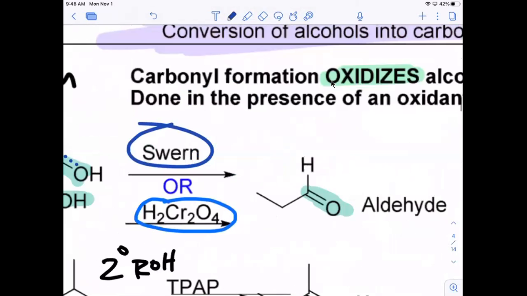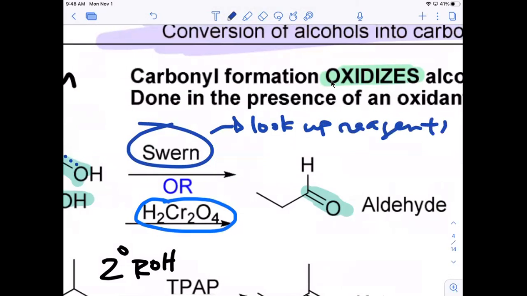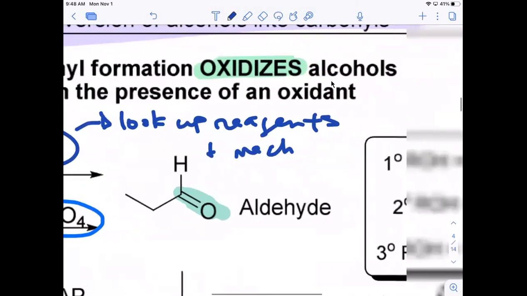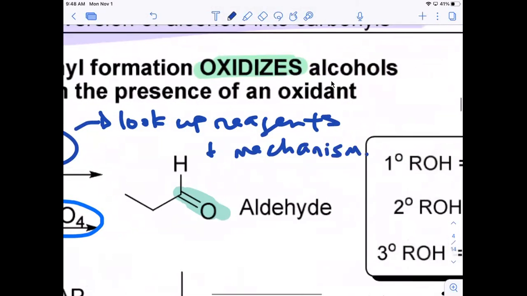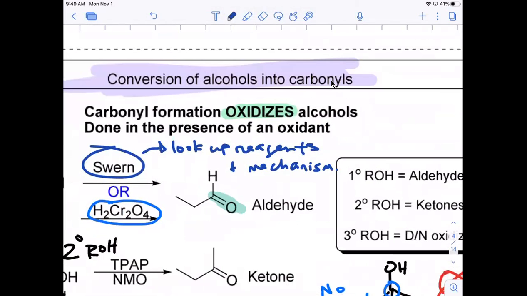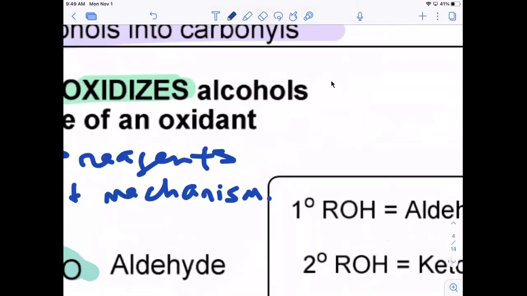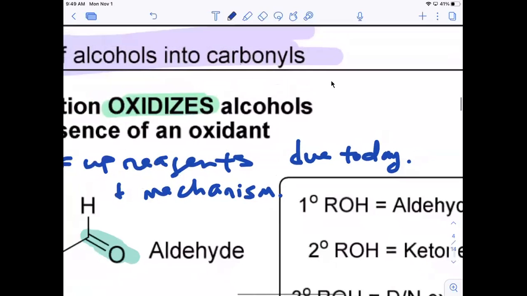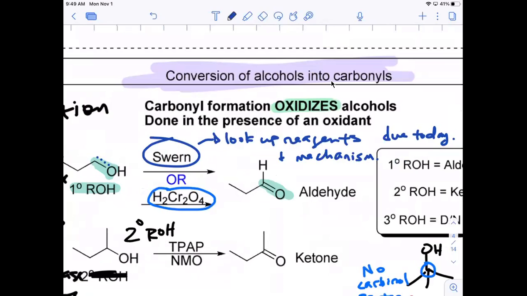I want you to look up the reagents and the mechanism. All right, I'll make a link for you to submit it today. You got to turn it in today. So I want you to look up the reagents and the mechanism for Swern oxidation.